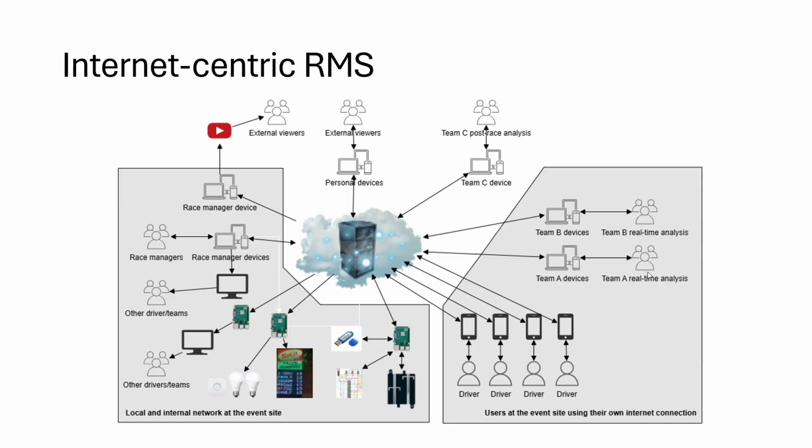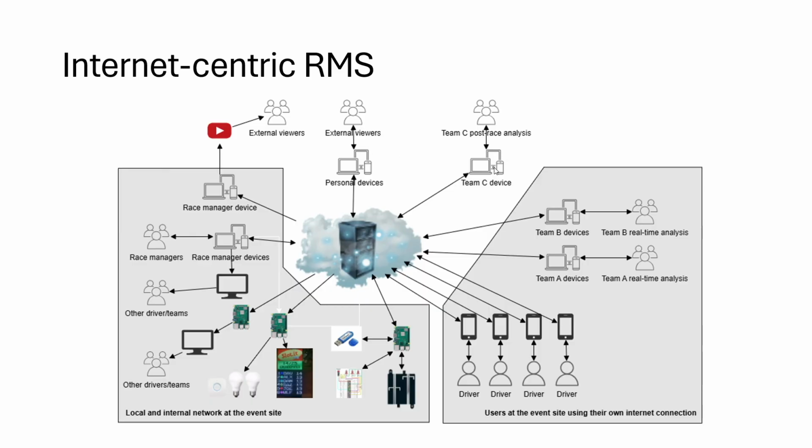And as we saw in the demo as well, you may want a person bringing their own PC or whatever device they have, tablet or phone, and doing real-time analysis to have better tactics. This is how they will connect. And you might also go home afterwards, being a person that wants to view the race while it's happening.